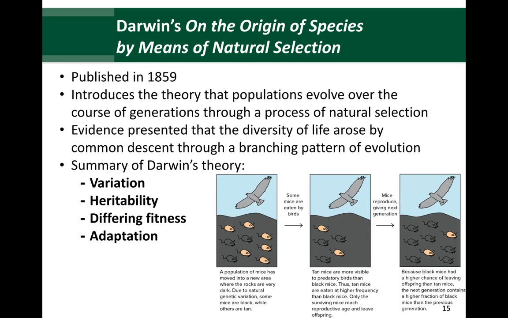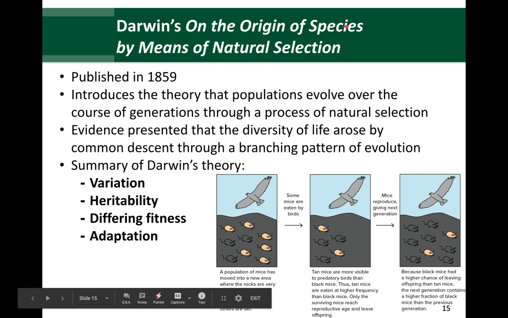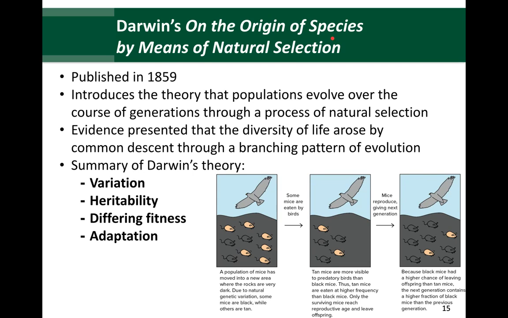So Darwin took these ideas and he published them in his book On the Origin of Species by Means of Natural Selection. The idea that he proposed is that populations evolve over the course of generations through a process of natural selection. Lamarck did not propose that populations change, he saw individuals changing.